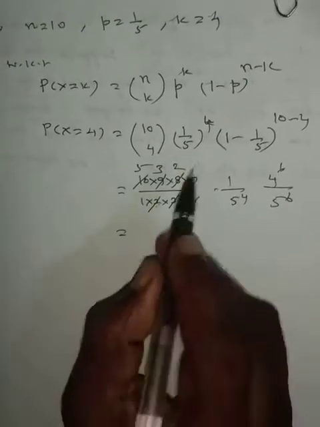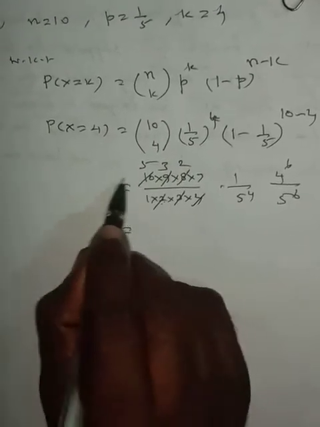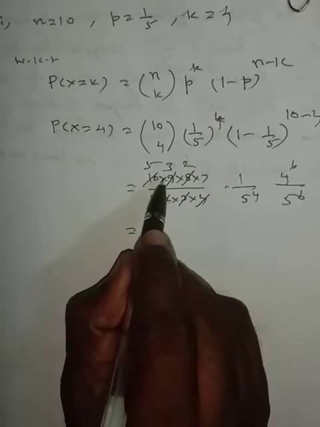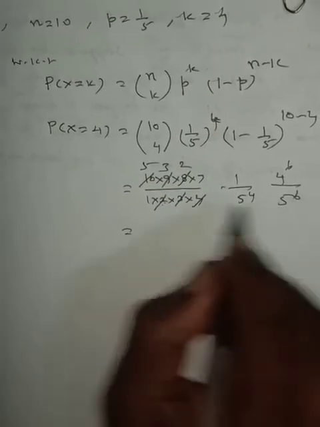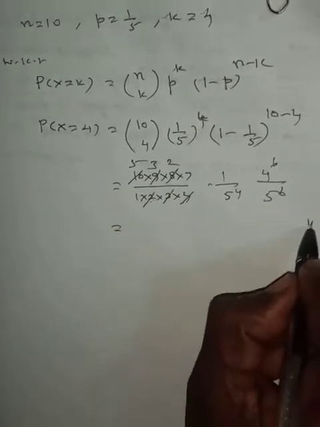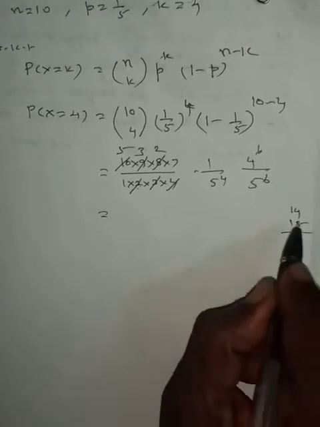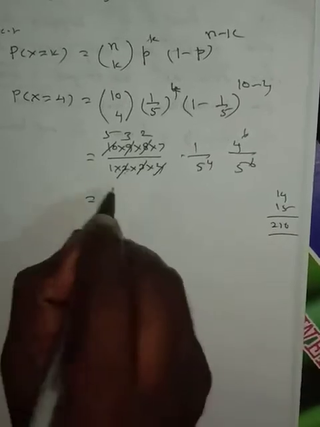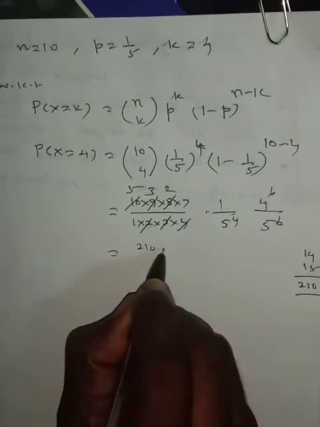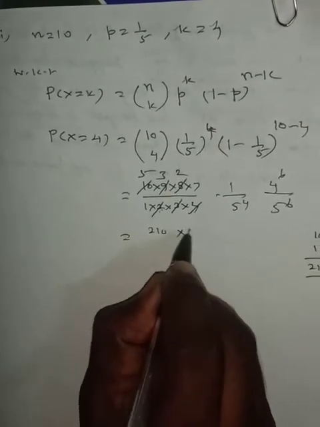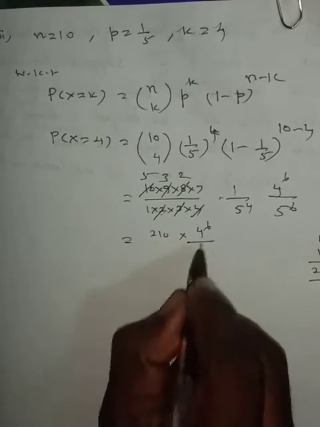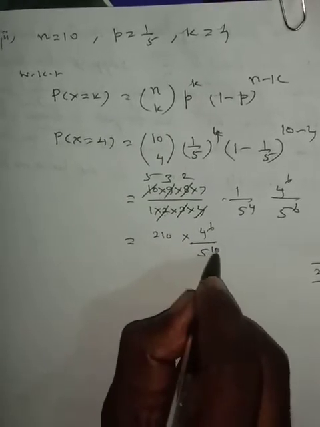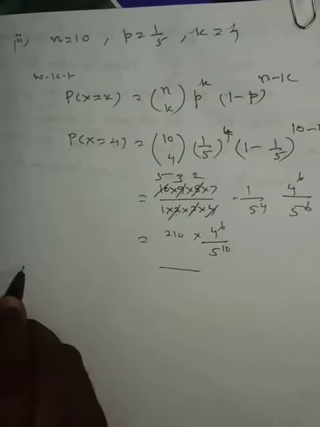Now 14 15s are 210, into 4 to the power of 6 divided by 5 to the power of 10. Solution number 3.